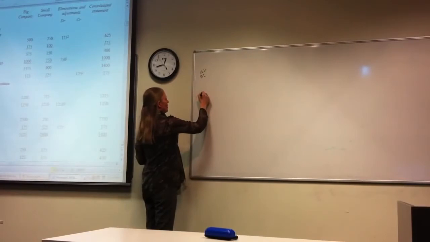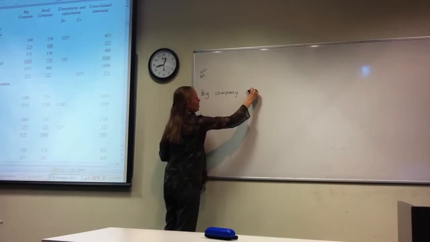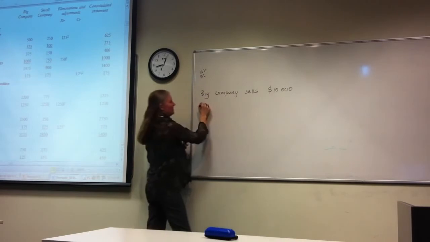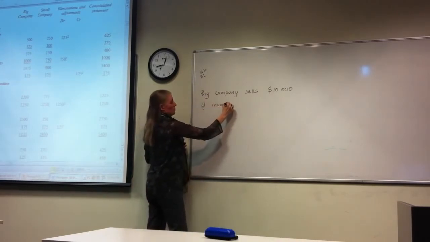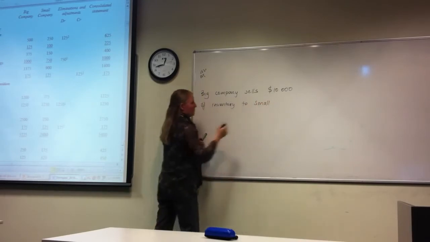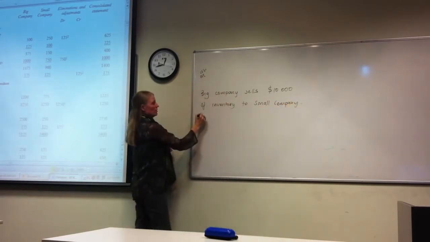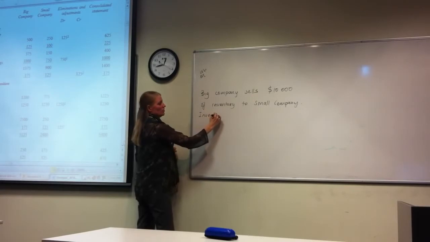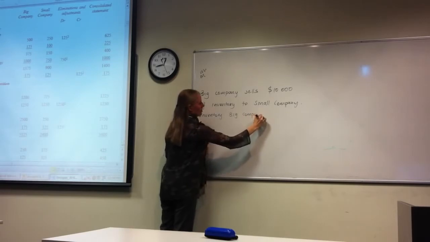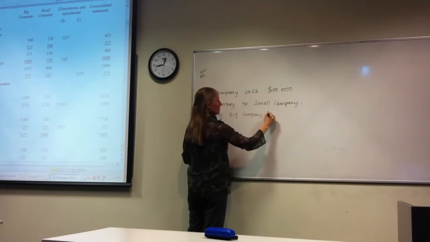If, for example, Big Company sells $10,000 worth of inventory to Small Company, okay, the inventory cost Big Company, say it's cost Big Company, actually I'm going to make this 20 and I'm going to say it cost Big Company 10.